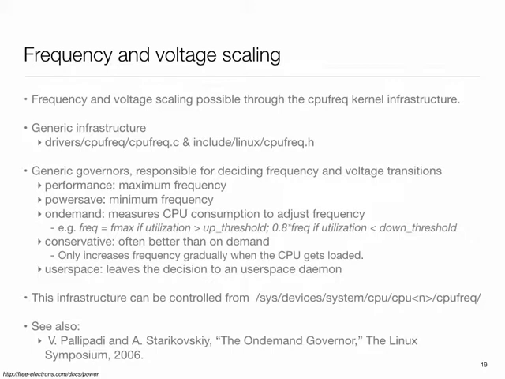There is a governor called powersave, which always selects the minimum frequency. There is a governor called ondemand. What it does is it measures the CPU performance and then uses certain thresholds to pick the frequency. There is a governor called conservative. What it does is it gradually ramps up the CPU frequency as the load increases, but then resets it back.